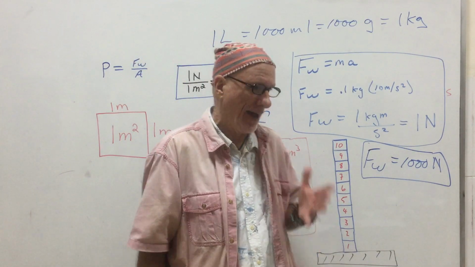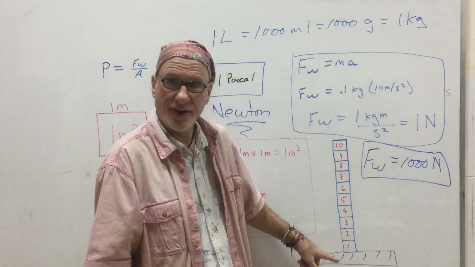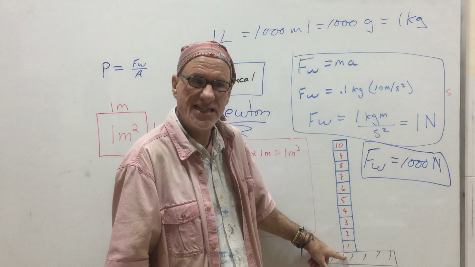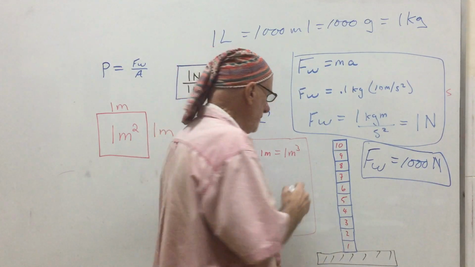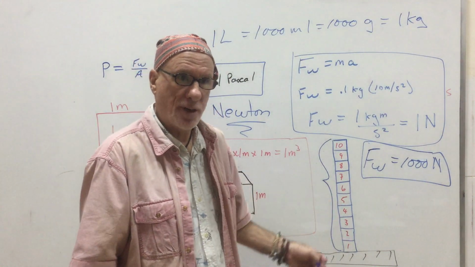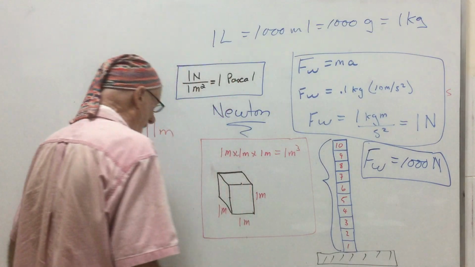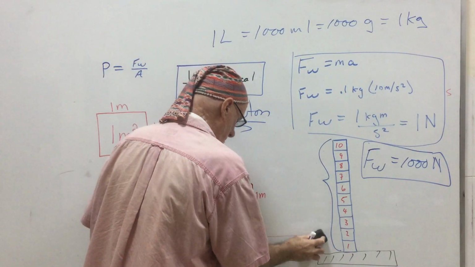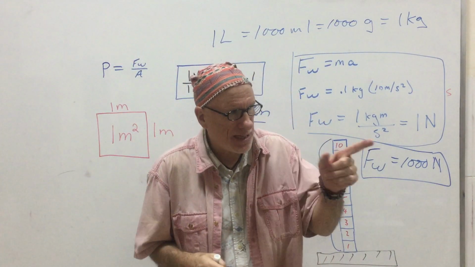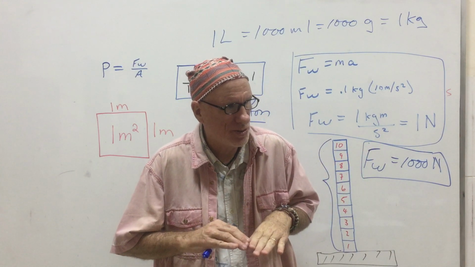Yes? Okay, now, let's say I have a stack of those cubic meters, and you're under it. I put 10 of them on top of the floor. It's 10 meters tall, right? Okay, it's going to be 10 times 10,000. If I have a stack of 10 boxes, each one weighs 10,000 newtons.